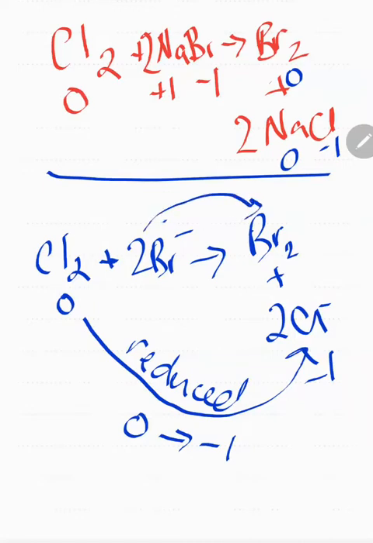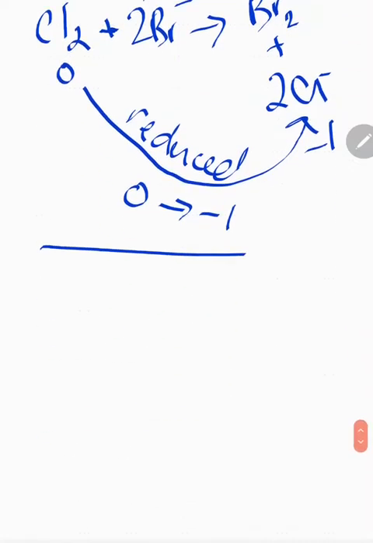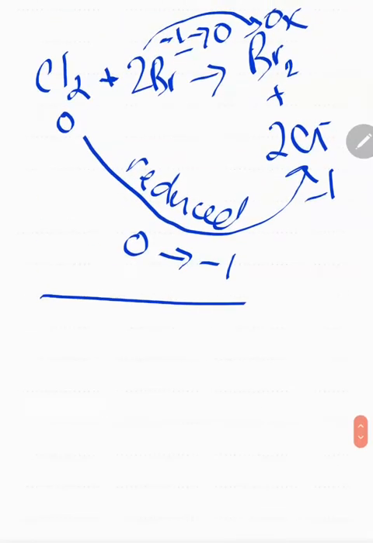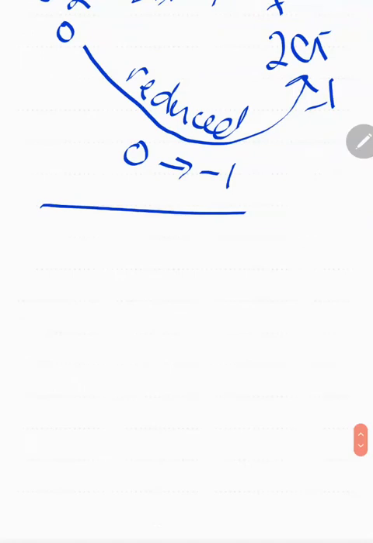Bromide ion has gone from -1 to 0. That's oxidation because the oxidation state has increased. So if there is a decrease in oxidation state, that is reduction. If there is an increase in oxidation state, that is oxidation. So increase in oxidation state is oxidation, decrease in oxidation state is reduction.